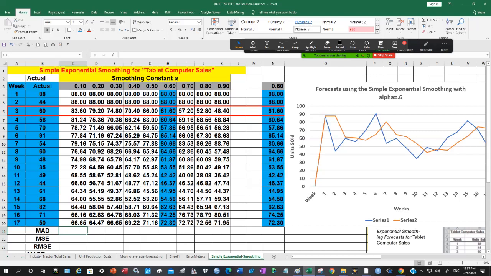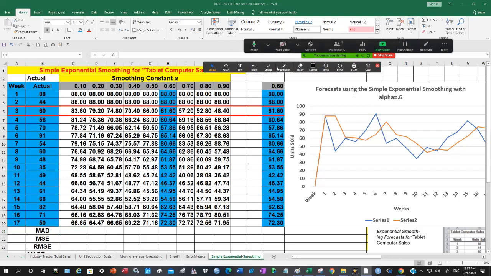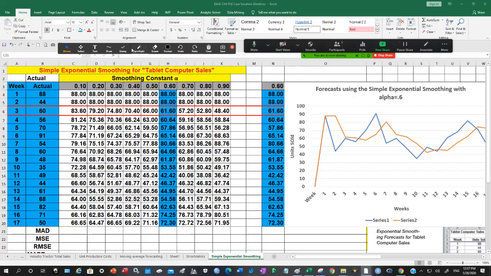As the forecasting techniques are getting more sophisticated, the math behind it becomes more complex, so you really want to use software, but here we have to do the whole thing in Excel. And so that is why I'm showing you the math.